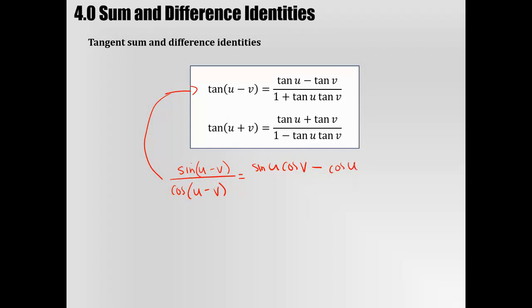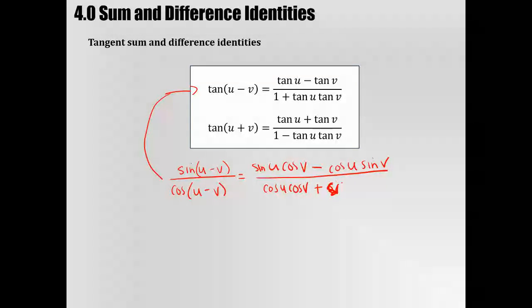Cosine sine over this right here. Let's see, is this the one I even wanted to do? I think it was. Yes, it was. Okay, I had a moment there. Cosine cosine plus, oh no, sine sine.